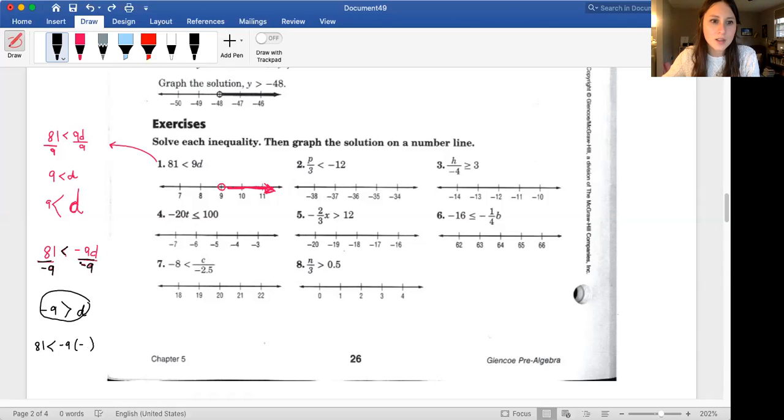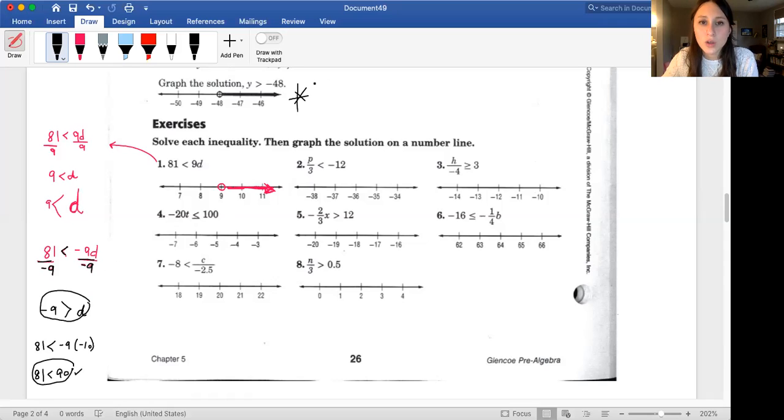Let's do negative 10. That's smaller. Negative 10 is smaller. Okay, so now when we check our answer, we have 81 is less than positive 90. And now that works.